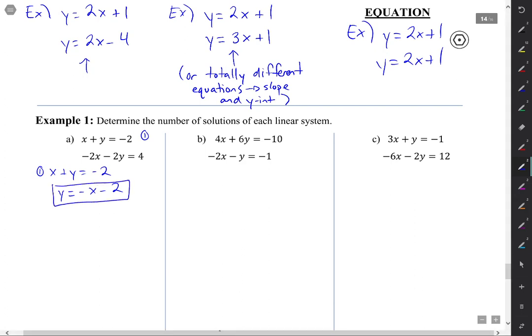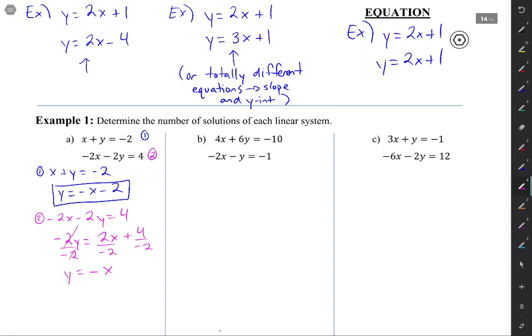And then for number 2, we're going to move all the x terms to the other side of the equation. So we have negative 2y is equal to 2x, so that negative 2x became positive, and then plus 4. And then we're going to divide every term by negative 2 to get that y all by itself. So we're going to have y is equal to, now 2 over negative 2 simplifies to just be negative x, because that would be negative 1 over 1, which is just negative 1.